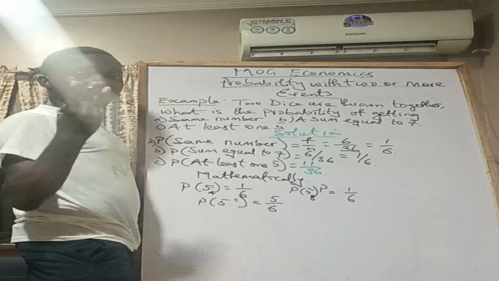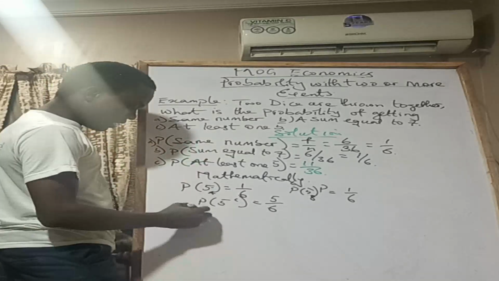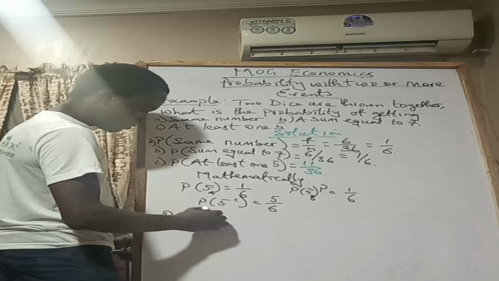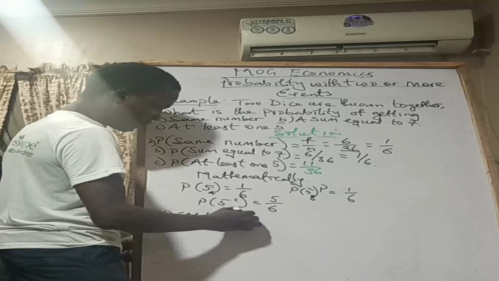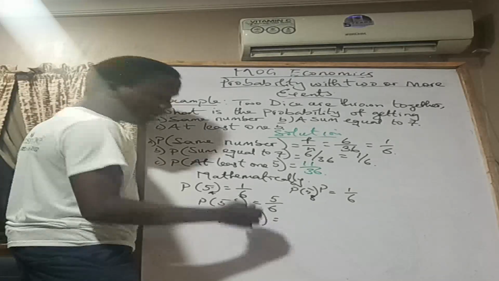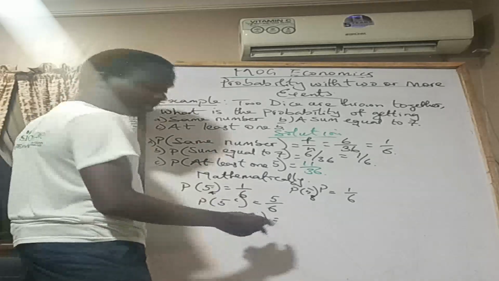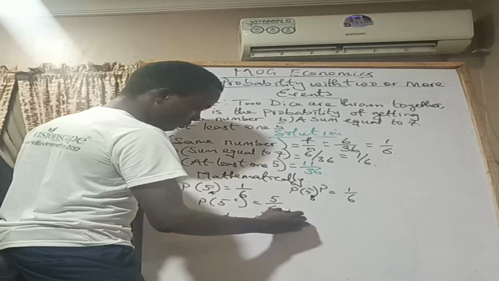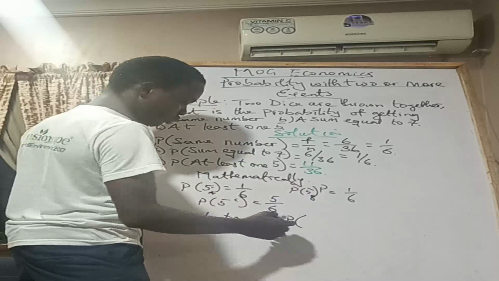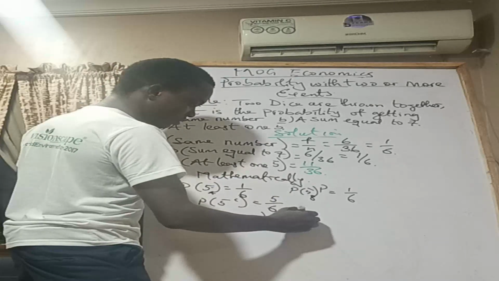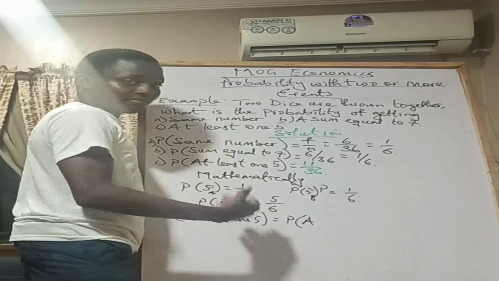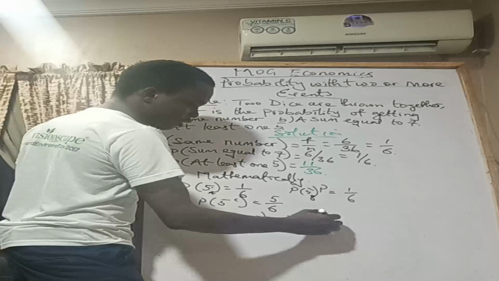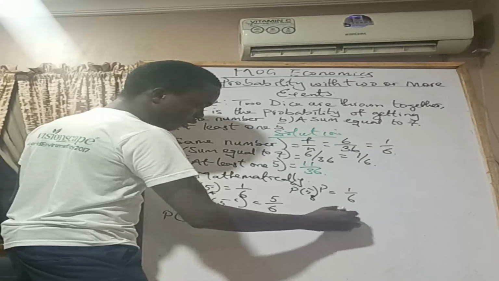Now we are rolling 2 dice. So the answer is going to be P of at least one 5 is equal to the probability of having a 5 on the first one. So let me say probability of A, having a 5 on die A, intersection B complement.